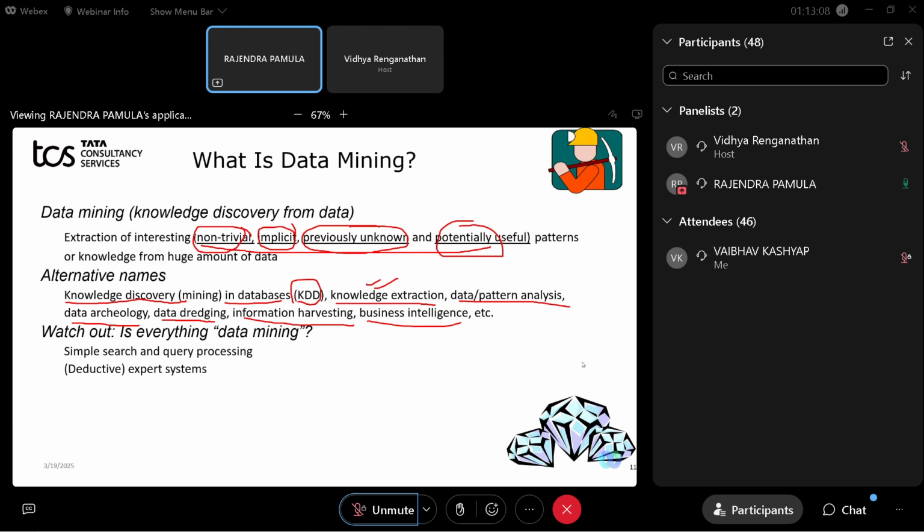These different names have come depending on the application and the requirement of the data. People have started using different terminology for knowledge extraction, which we call data mining.